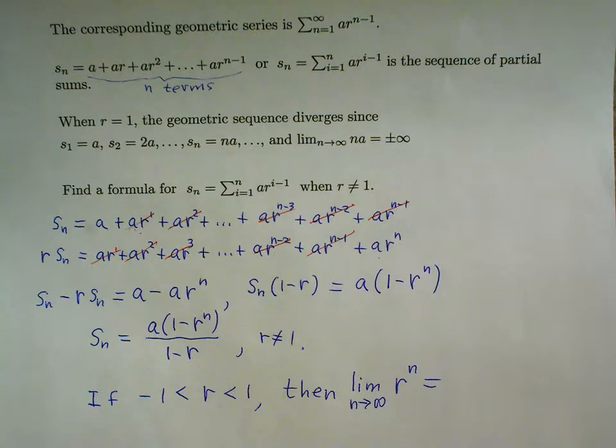You've probably encountered it before Calc 2. Well, the limit is 0. If r is between -1 and 1, and if the exponent n goes to infinity, the number goes to 0.